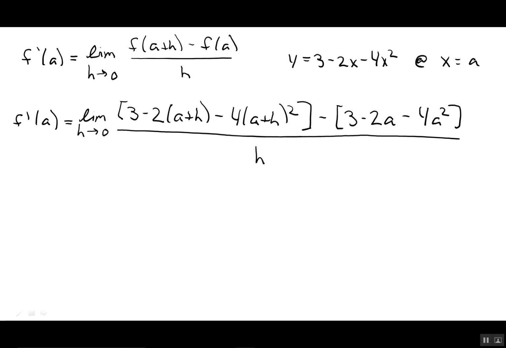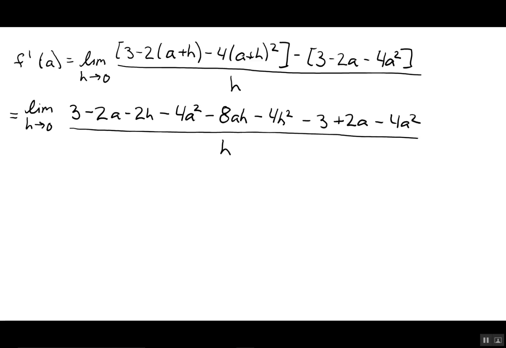So let's apply this formula for our polynomial y equals 3 minus 2x minus 4x squared at x equals a. What I do is plug this polynomial in for f evaluated at a plus h, and anywhere there's an x, I put in a plus h. So that's this part right here. Then I plug in this function for f evaluated at a, where anywhere there's an x, I put in an a, divided by h. So the next step is to expand this out and simplify this expression and see what we get.